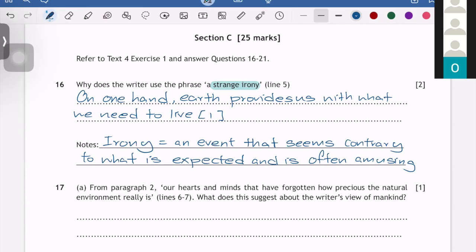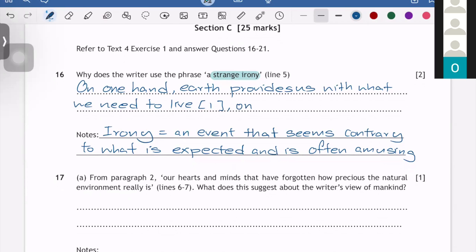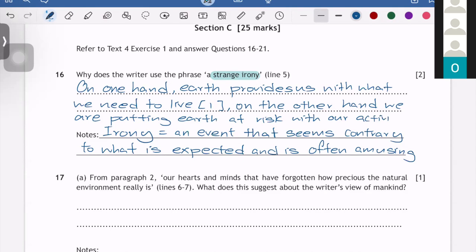First mark comes when you tell me what Earth does for us. Second mark comes in when you tell me what we are doing that puts Earth at risk.